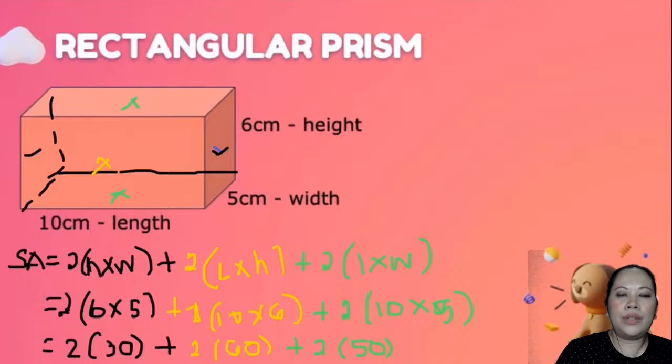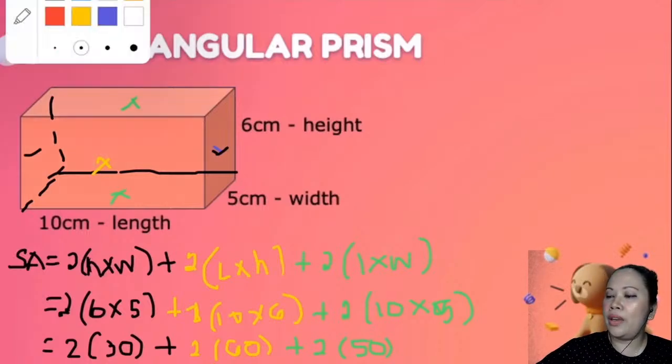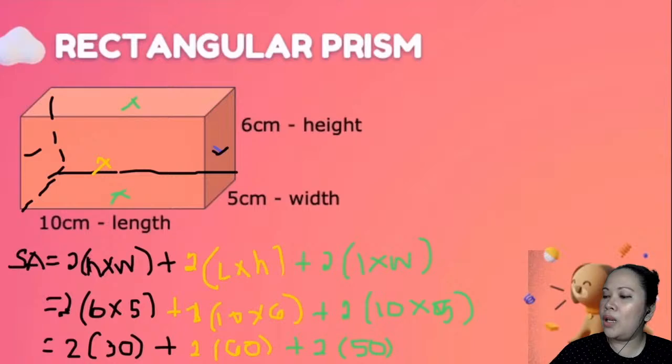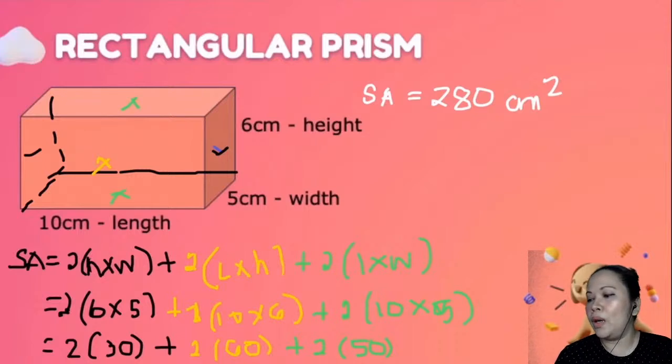So 2 times 30 is 60, 2 times 60 is 120, and then 2 times 50 is 100. So we add them all together. Adding all of this together, the surface area would now be equal to 280 units square. For this case it is centimeter square. So that is what we have.